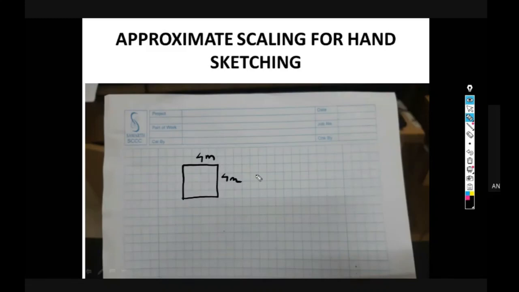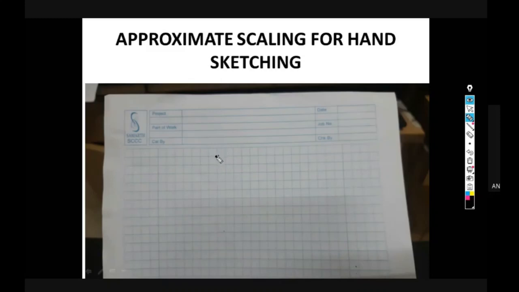Yes, sir. Now, whenever you use sketching on the paper, I suggest, say I want to draw a plot of 50 meter by 100 meter. So I can assume that one square is 1 meter.